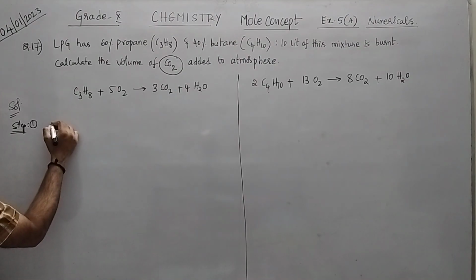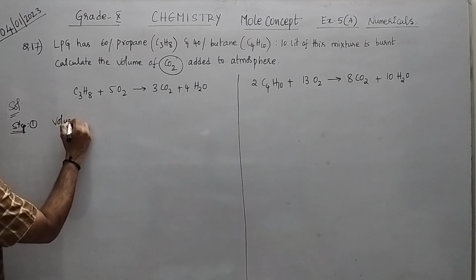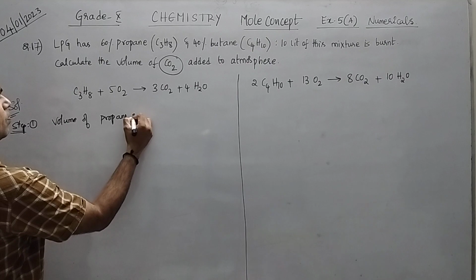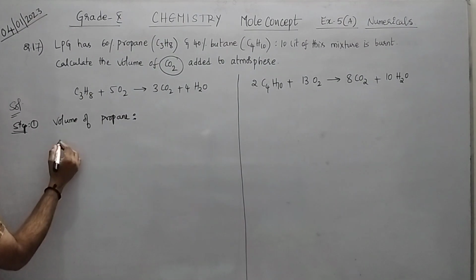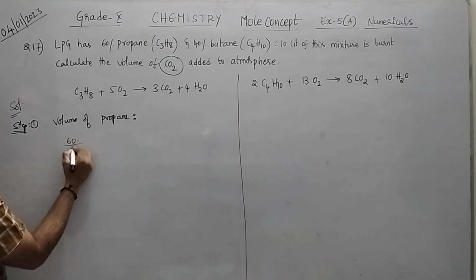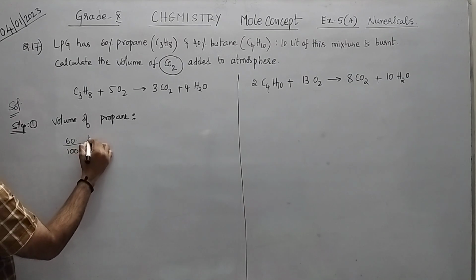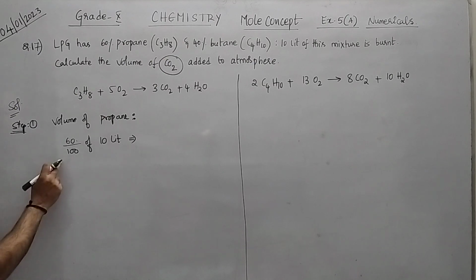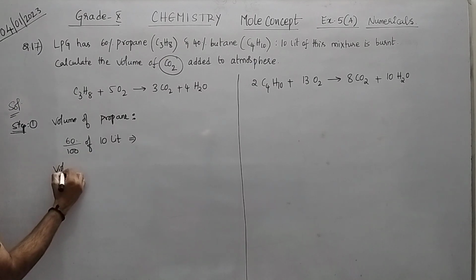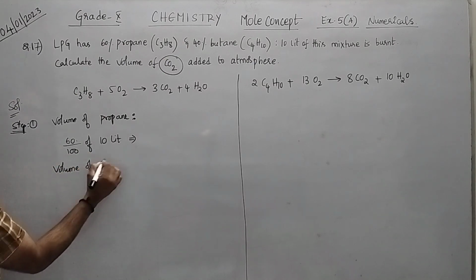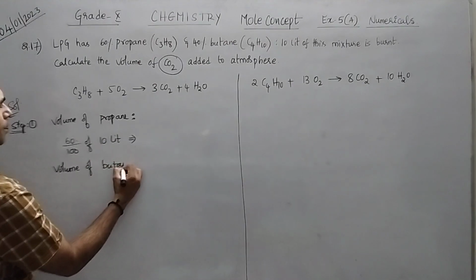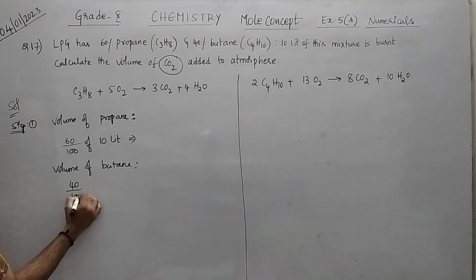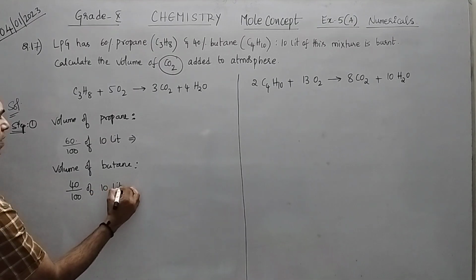First, the volume of propane. They have mentioned that it is 60%, so 60% of 10 liters. Second one is the volume of butane. It is mentioned as 40%, so 40 by 100 of 10 liters.